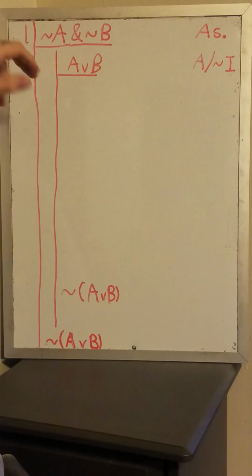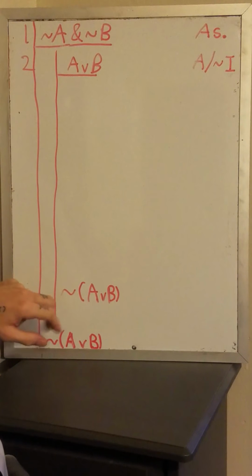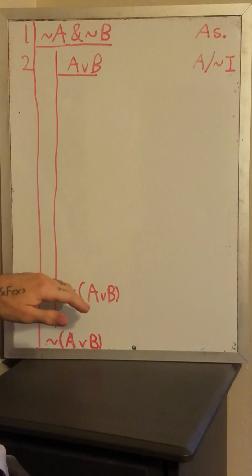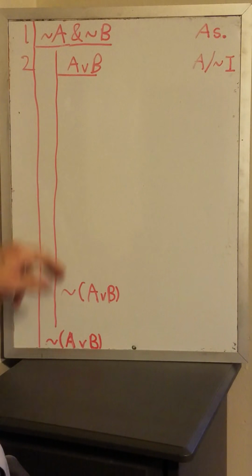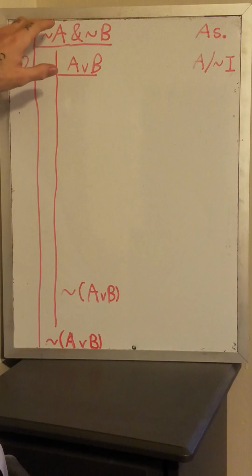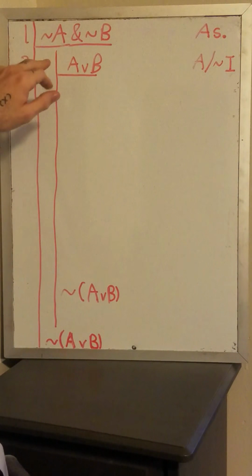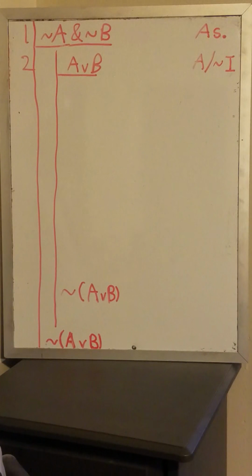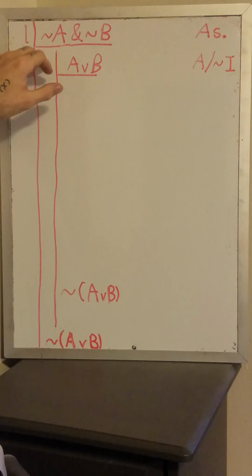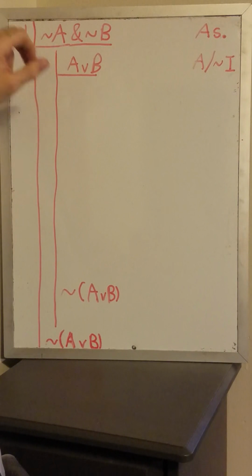Why are we making this assumption to get it? Or why don't we just go ahead and get this in the first place? The reason is that we need something to work with, right? And this doesn't give us enough to get this, so we need some kind of additional premise or assumption to work with. And this is going to be that assumption.